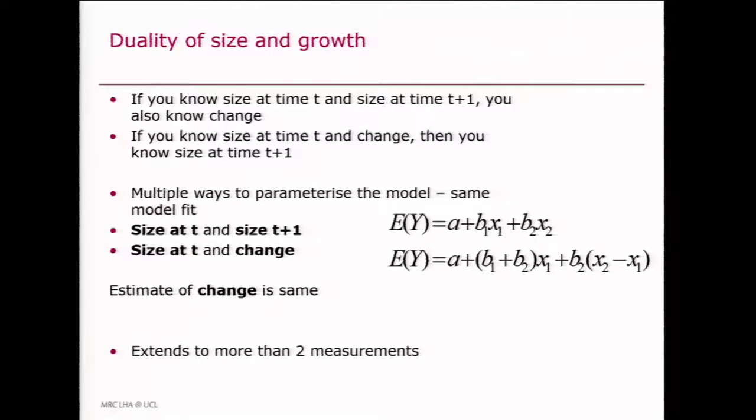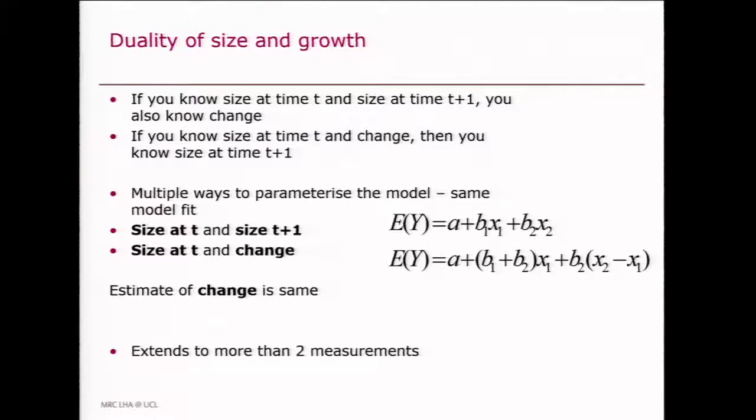And I think at the start of life course epidemiology, people were fitting these different models and not really understanding the implications. So these are the equations of a model, size at t and size at t plus 1, and the size at t plus the change. And you can see there that the coefficient for that second term in both of those has the same coefficient.